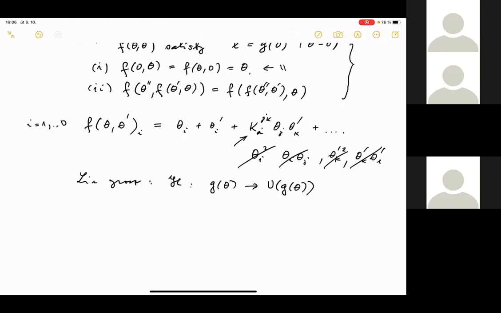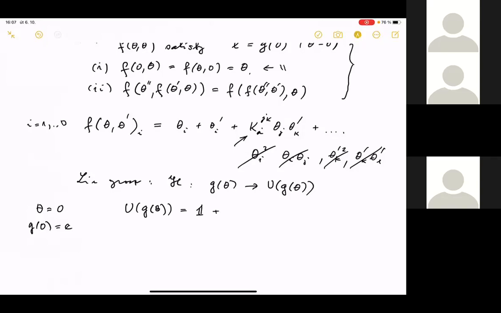And since we assume smooth dependence on these parameters theta, we can write that this U(g) as a function of the parameters theta is what? For theta equal to 0, we have g(0) equal to the unit element, and then the zeroth order term in theta should be the unit operator.